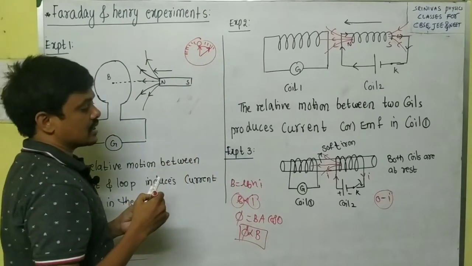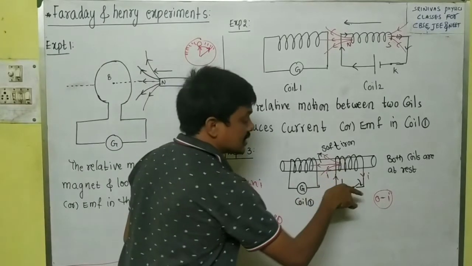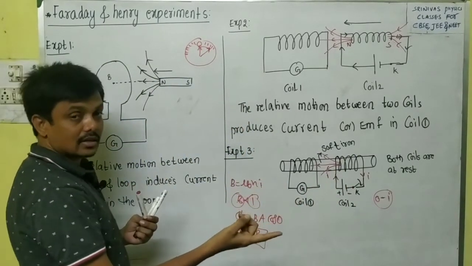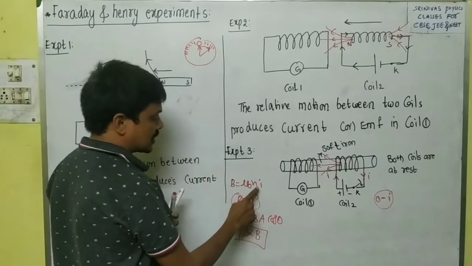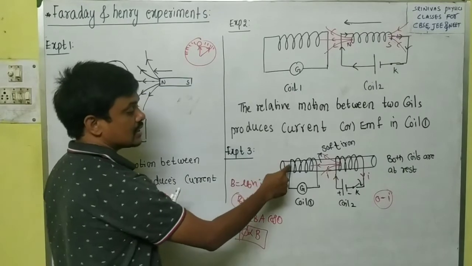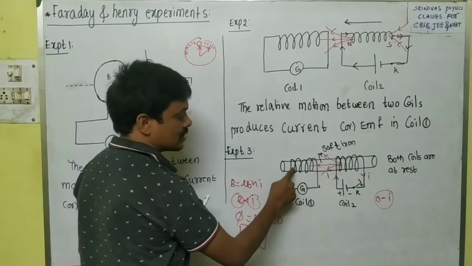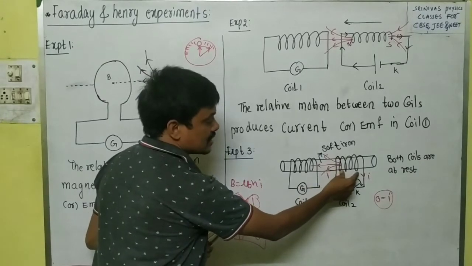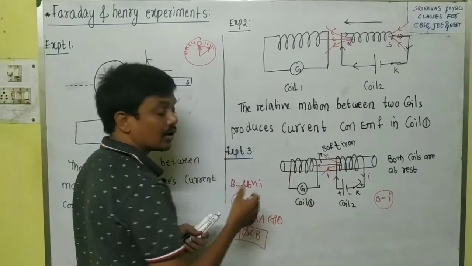Why? Because when they close it, at that instant the current increases to a certain maximum value, later constant. When the current increases to a certain maximum value, at that time the field increases, the flux increases. That flux is linked with this loop also. The change in magnetic flux in coil 2 links with coil 1.